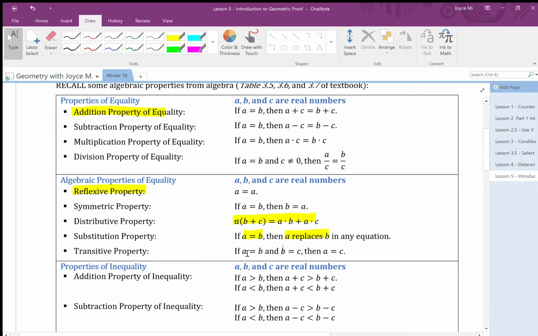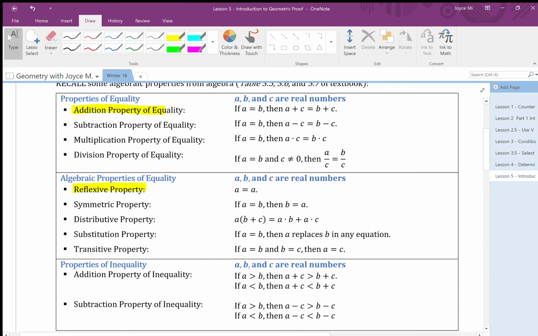Transitive property: A equals B, B equals C, therefore A equals C. It reminds us of what we learned in the previous unit, the law of syllogism, where A implies B, B implies C, therefore A implies C. Back then we used P, Q, R: P implies Q, Q implies R, therefore P implies R. Same thing here, it's similar to the transitive property. So those are the properties of equality.